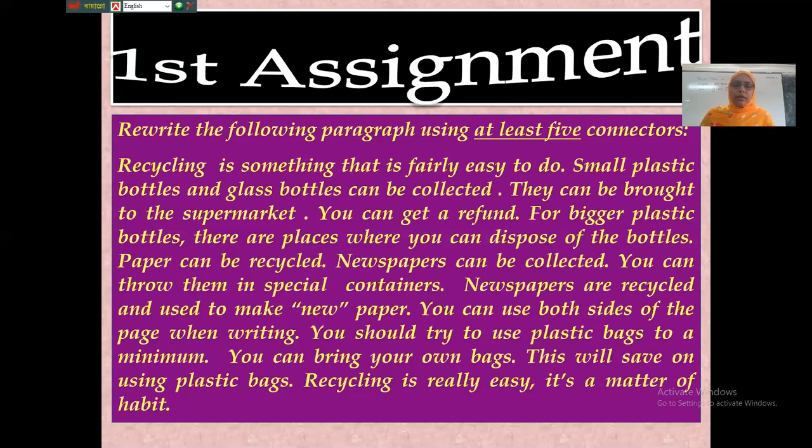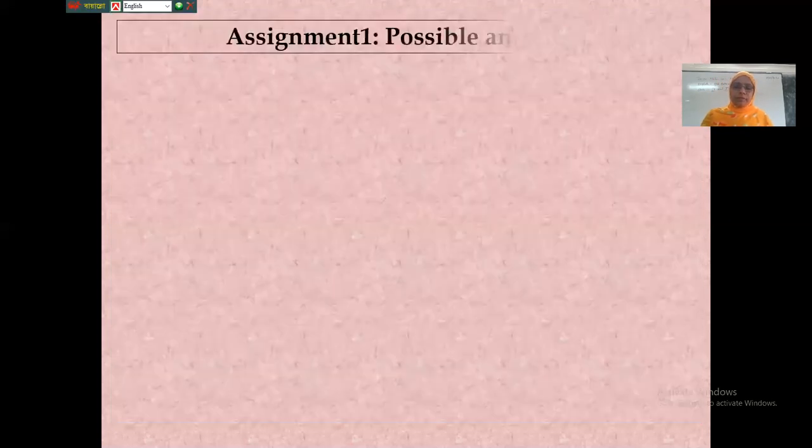Recycling is really easy. It is a matter of habit. Students, there is a passage. You must answer with at least 5 connectors. Take some moments, imagine and think about this passage, and then answer with connectors.